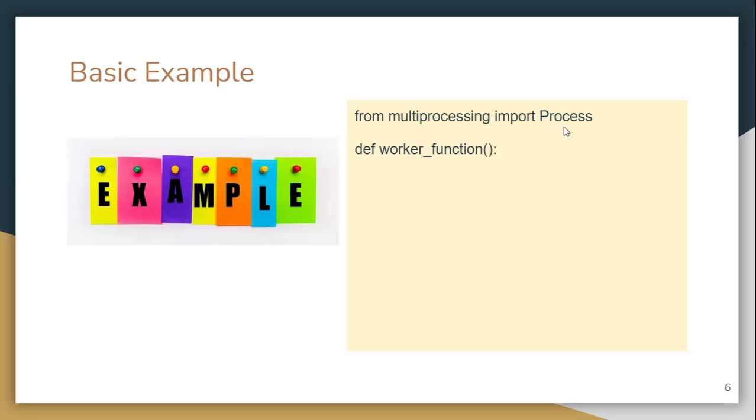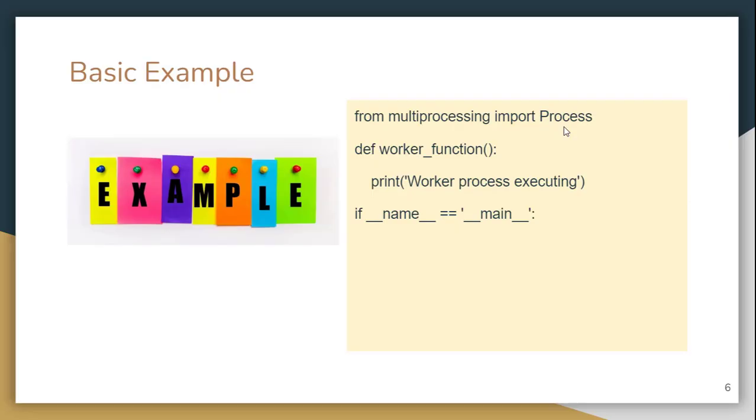We need to declare a function using def worker_function, with no parameters, that is, only the opening and closing brackets. After that, a colon. Then you can print, under single or double quotation, 'Worker process executing'.